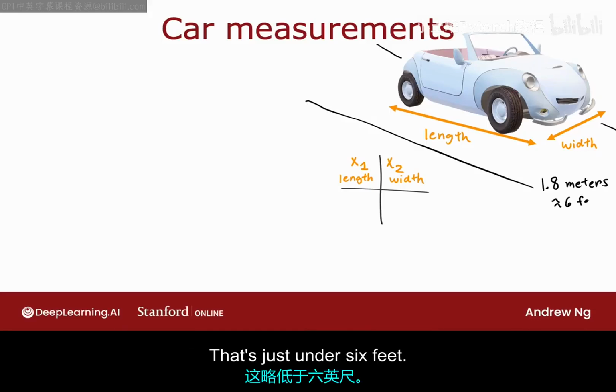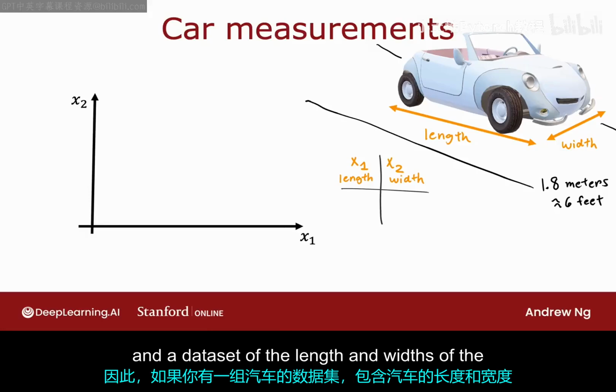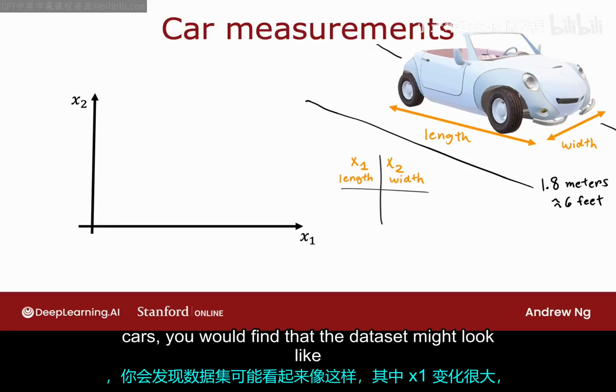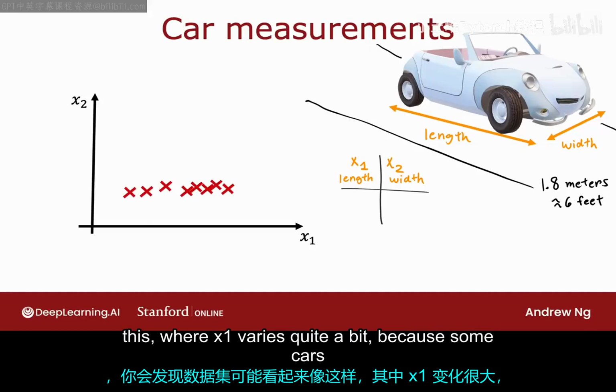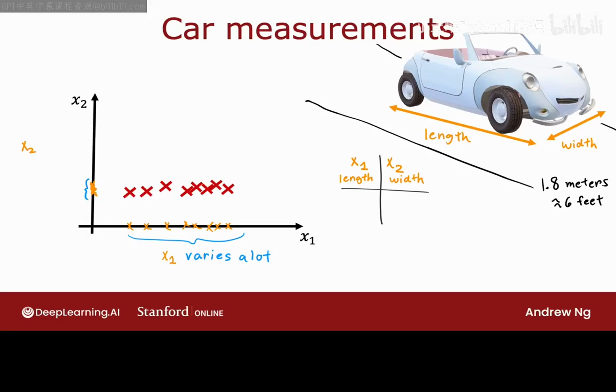That's just under 6 feet. So if you were to have a collection of cars and a data set of the length and widths of the cars, you would find that the data set might look like this, where x1 varies quite a bit because some cars are really long, and x2 varies relatively little.